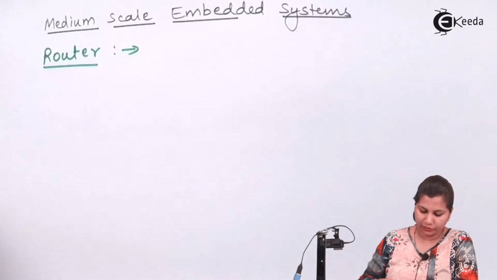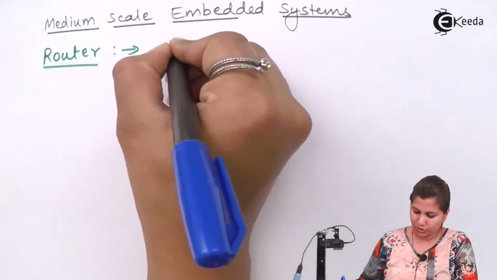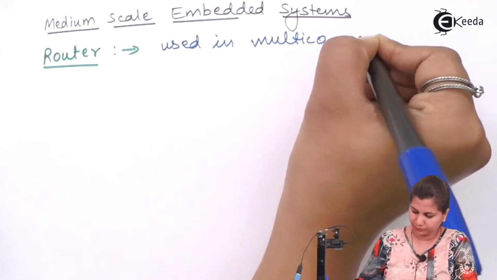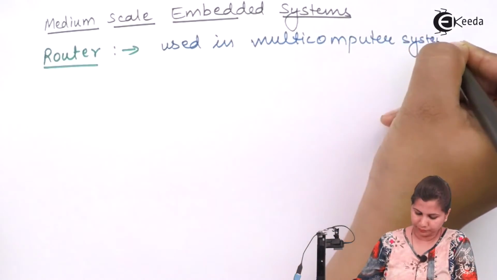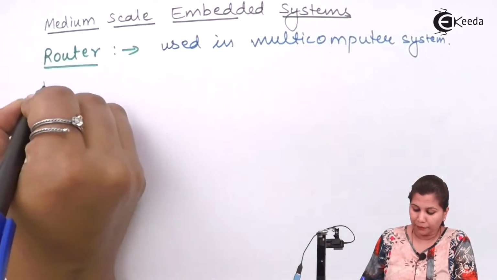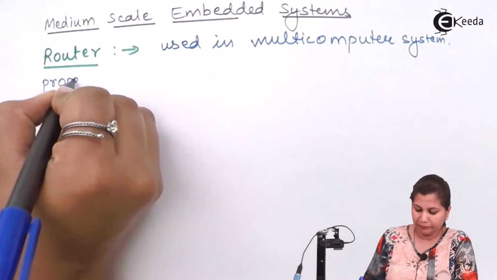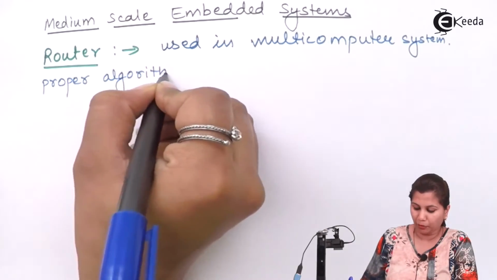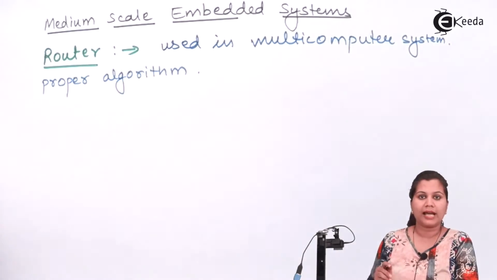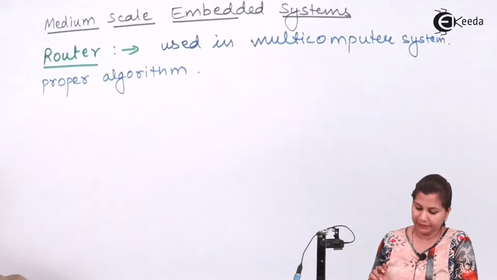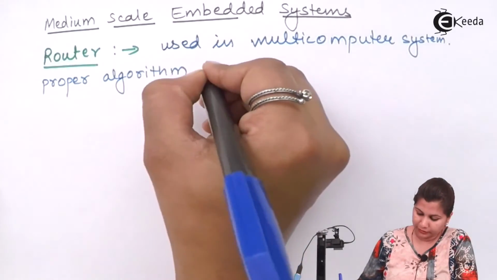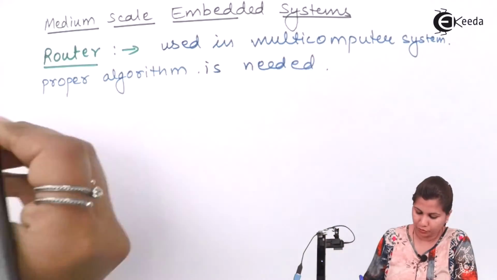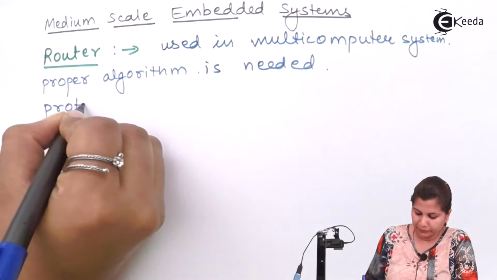It is used in a multi-computer system, and a proper algorithm is to be implemented so that the different computers can be properly connected to the router and the network can be properly provided to them. So a proper algorithm is needed here. A protocol is to be implemented.